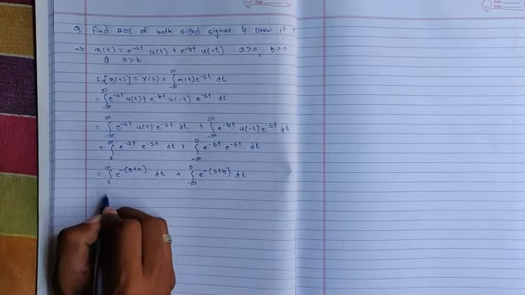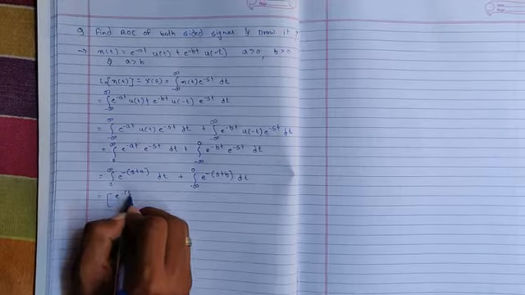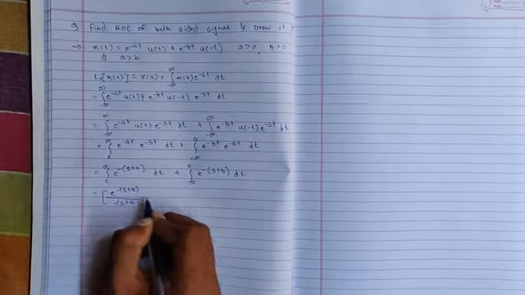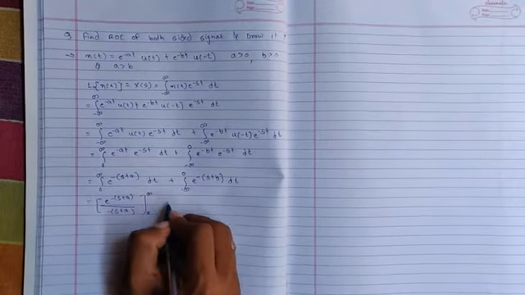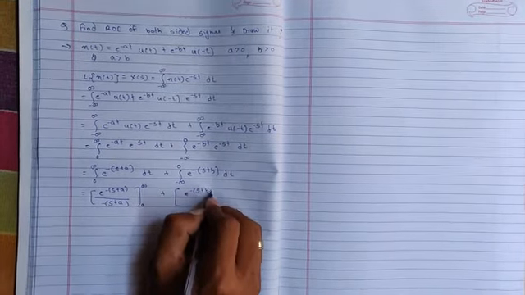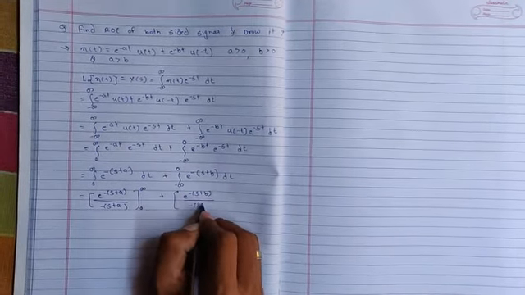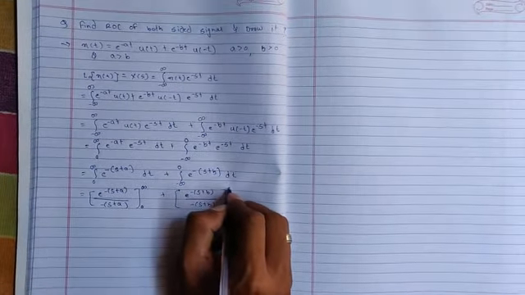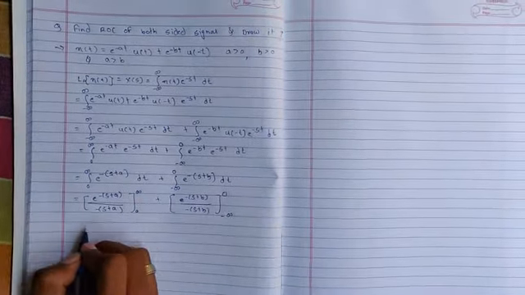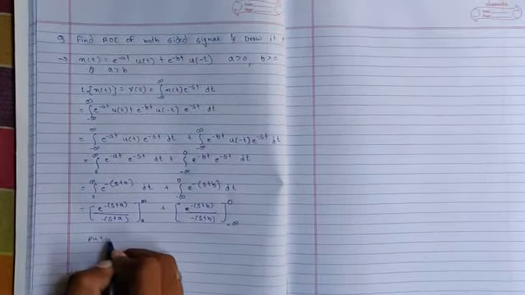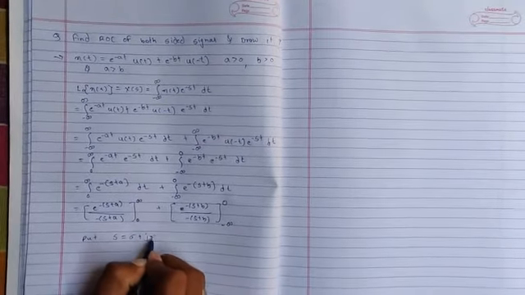Now we will integrate this. Therefore, e raised to minus (s plus a) t divided by minus (s plus a), from 0 to infinity, plus e raised to minus (s plus b) t divided by minus (s plus b), with the limit minus infinity to 0. Now we know that the complex frequency s is equal to sigma plus j omega. Therefore here we have to put s equal to sigma plus j omega.